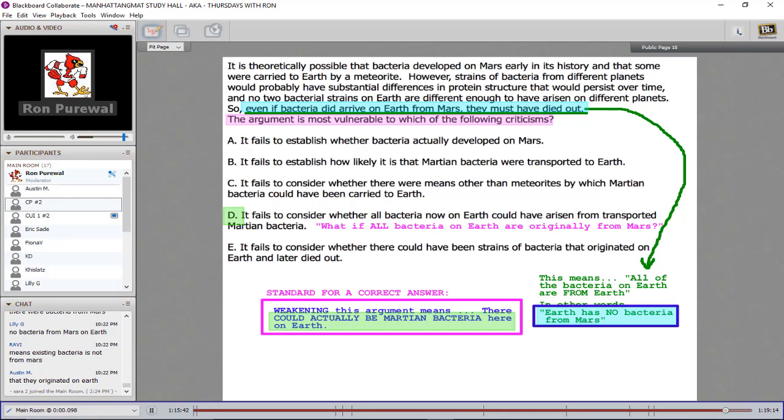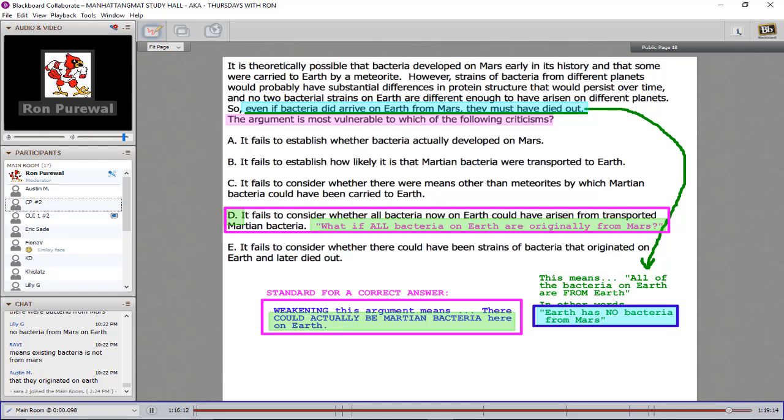What if all bacteria on Earth are originally from Mars? That definitely works. That's certainly an objection that sustains here. Because the argument is just like, okay, all of the bacteria look like they're from one planet. Well, why couldn't that one planet be Mars? Smiley face, if that makes sense.